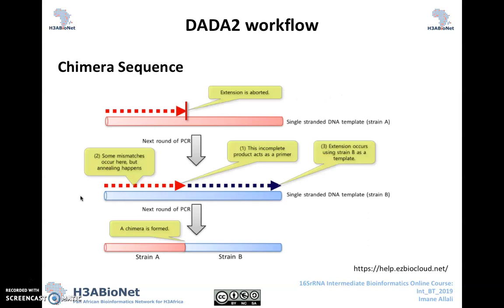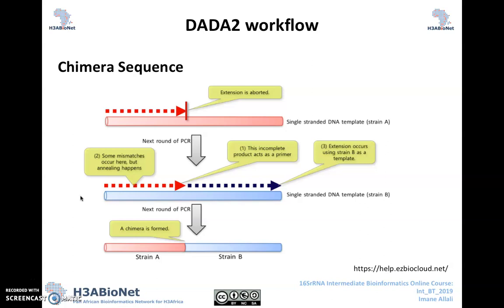As you know, PCR involves multiple cycles. We have denaturation of DNA templates by heat to generate single-stranded DNA templates, annealing of the primers to each of the DNA templates, and extension, elongation by DNA polymerase.